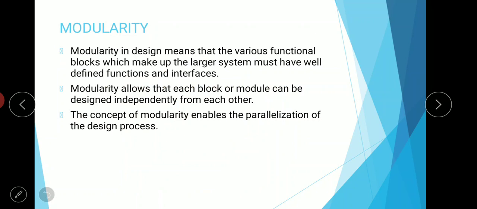Modularity allows each block or module to be designed independently from the others. Means modularity allows development to be divided by splitting a circuit into smaller modules. This enables developers to work simultaneously and minimizes the development time as modules are independent from each other.